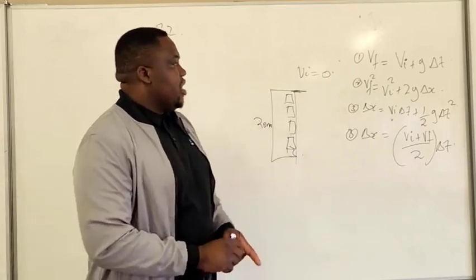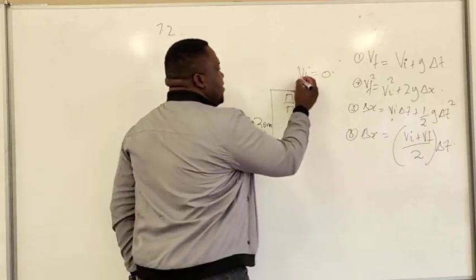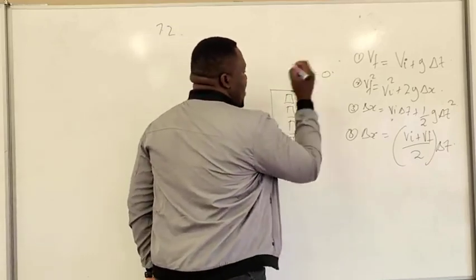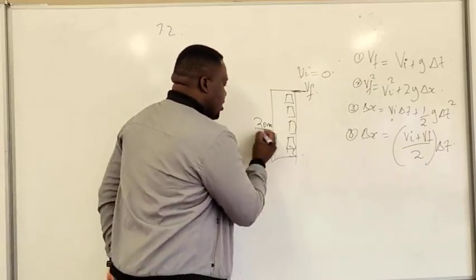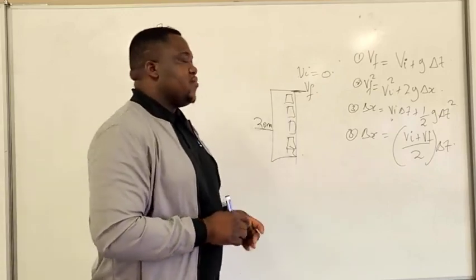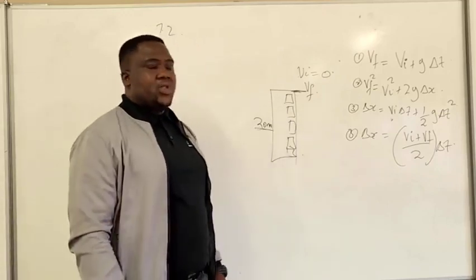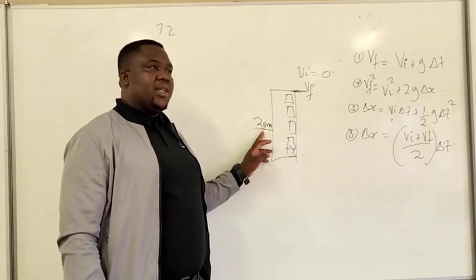We may choose a formula here. The formula that we want must have initial velocity, final velocity, and displacement. But there is one thing I want you to notice. We are not saying that it will need this displacement simply because we are given displacement.